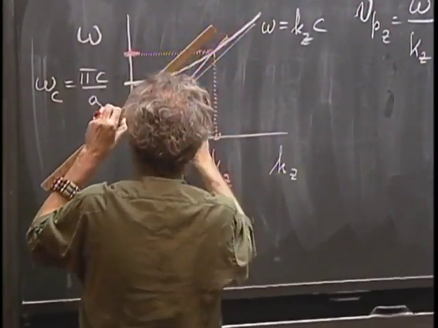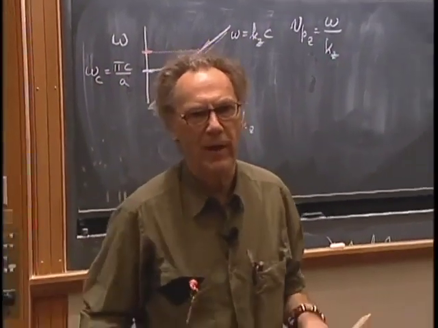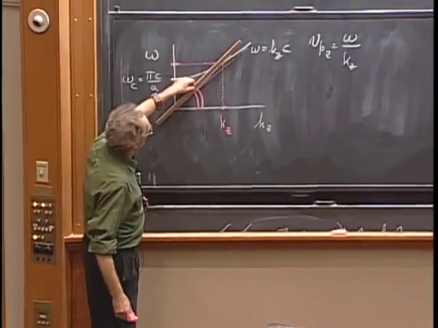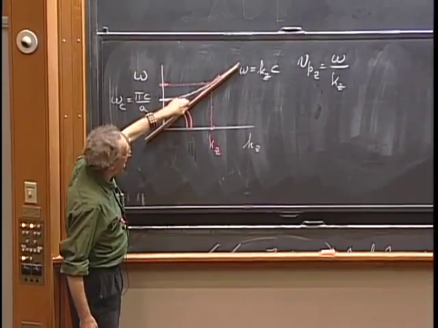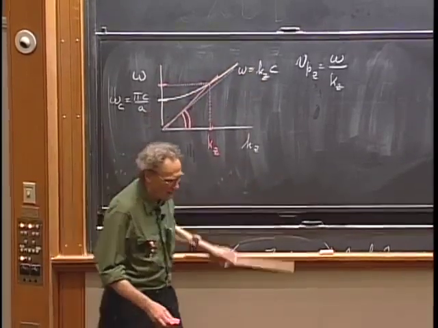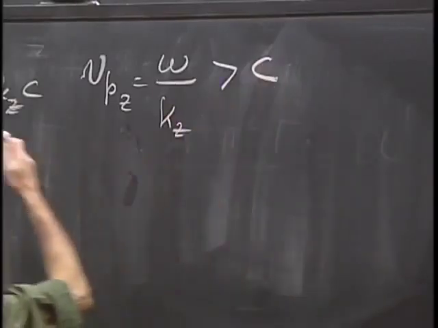And this angle is an indication for the ratio omega divided by kz, which is larger. This angle is higher than this one. And this was c, remember? And so you see that that value is always larger than c. You can just see that by looking at the graph.